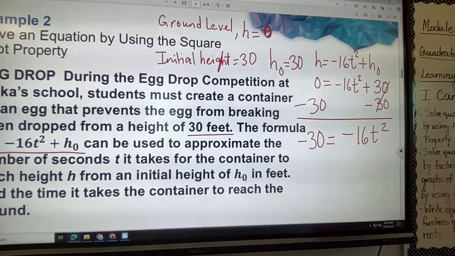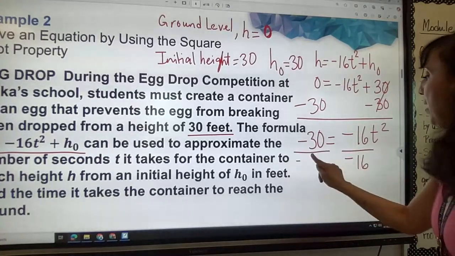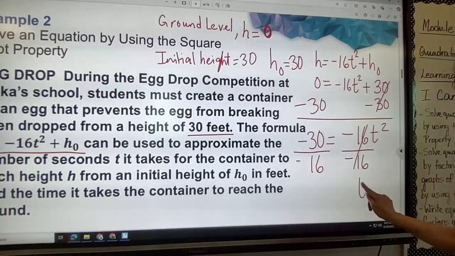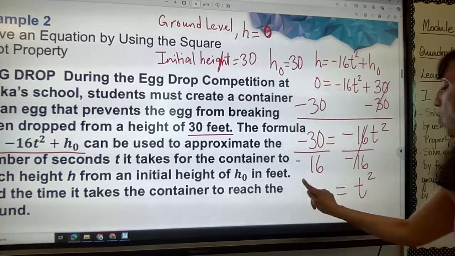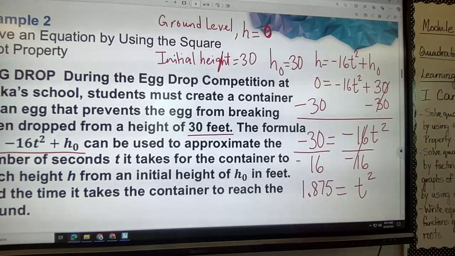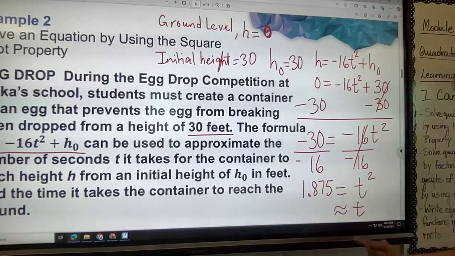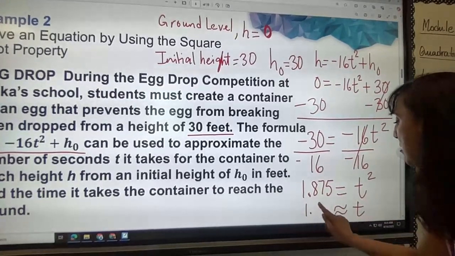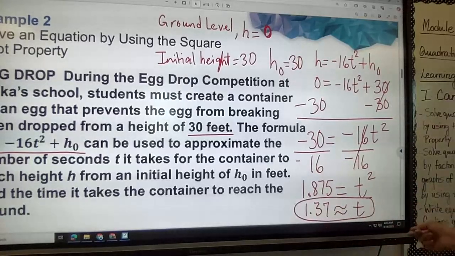And then I am going to divide each side by negative 16, and I get t squared is equal to 1.875. And then of course I'm going to use the square root property, and I get an approximate, because I am rounding, 1.37.